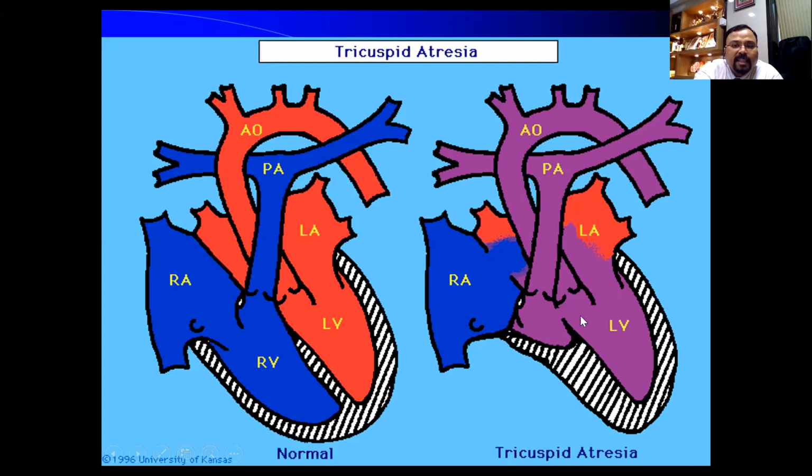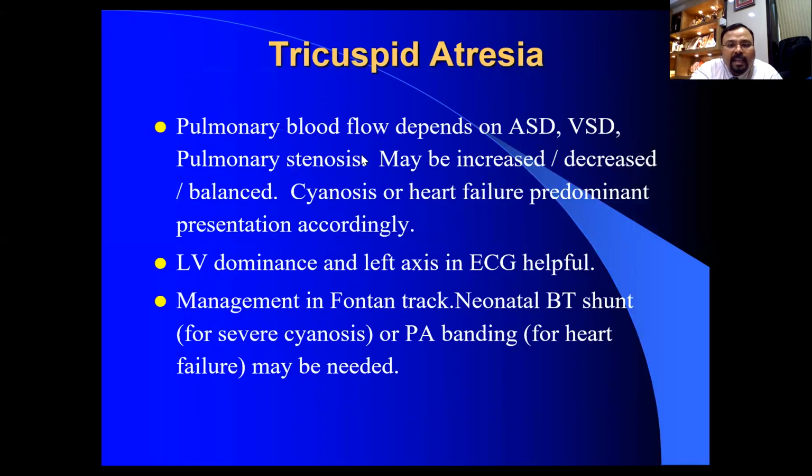ASD, VSD, and pulmonary valve, these three regulate pulmonary blood flow. So tricuspid atresia can be associated with increased pulmonary blood flow if there is no PS, or decreased pulmonary blood flow if there is pulmonary stenosis. So pulmonary blood flow depends on ASD, VSD, and pulmonary stenosis.